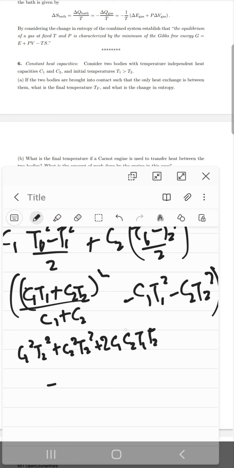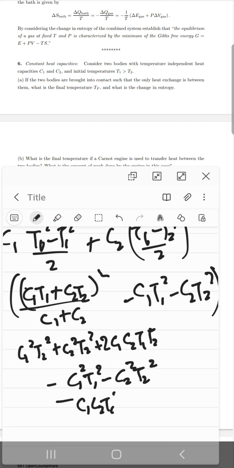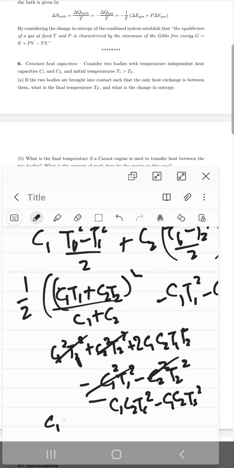Sorry. So minus c1 squared t1 squared minus c2 squared t2 squared, and in the cross terms, minus c1 c2 t1 squared minus c1 c2 t2 squared. So some stuff just cancels. You just have this remaining, so you can take that c1 c2 out, and also the negative sign out, so just negative 1.